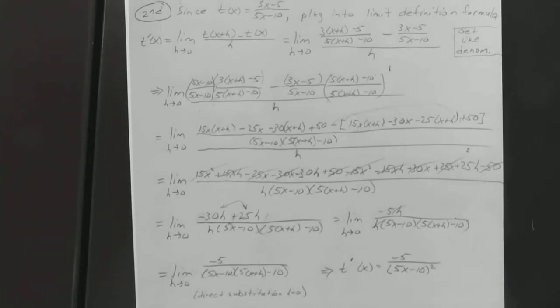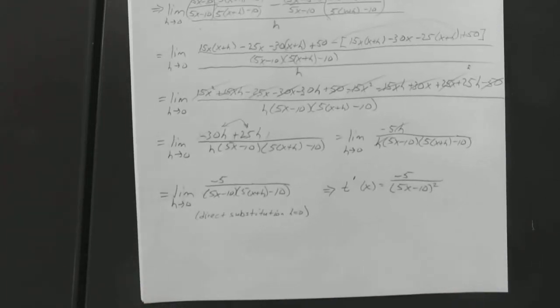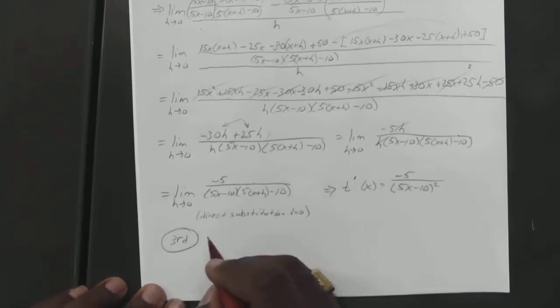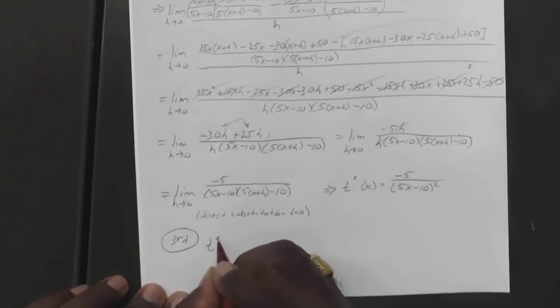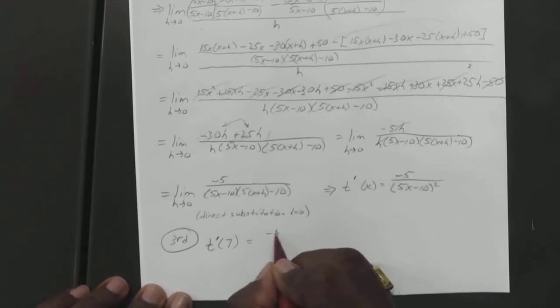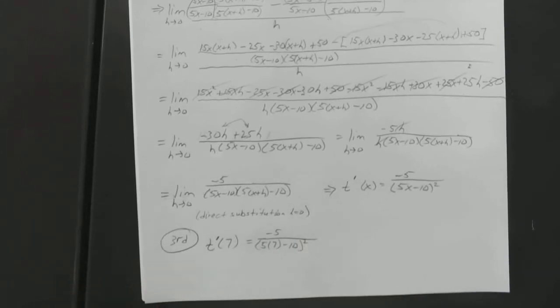Okay, so we're like 95% done. You can, but you don't have to. Because we have our third step, we have to find f prime of 7, which is equal to negative 5 over 5 times 7 minus 10 squared.